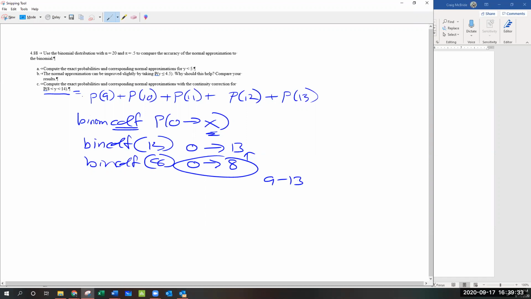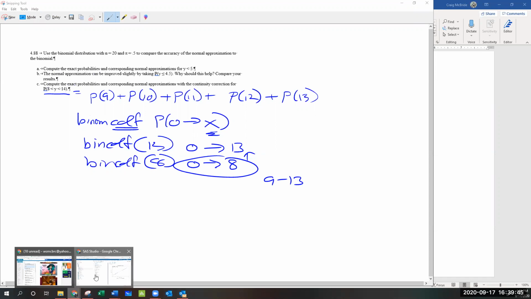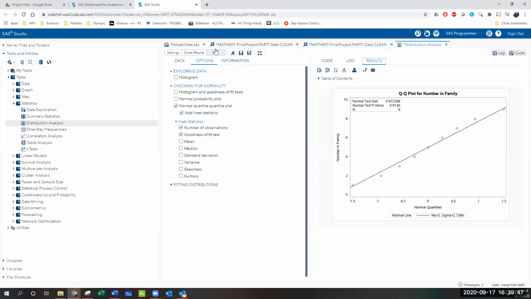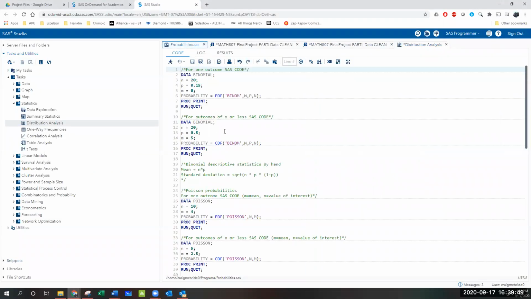So that's basically what you'd have to do for that one to get the exact one, right? So they ask for the exact and then the approximations. When you're doing the exact, you have to do 2 binomials and take their differences. So in SAS, we go to our probability codes, and we have the binomial PDF and we need the binomial CDF.